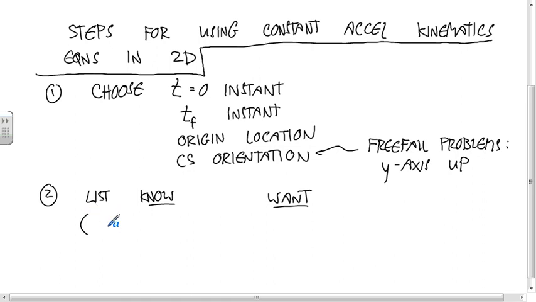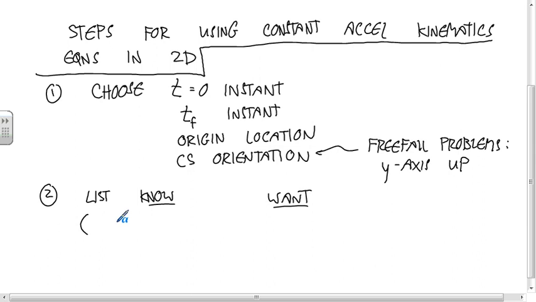So let's see. Now there's 2 possible PFs, 2 possible PIs, 2 possible VIs, 2 possible VFs, 2 possible accelerations, still only 1 time. So that's, what's that? 13 possible values, I think. Something like that.